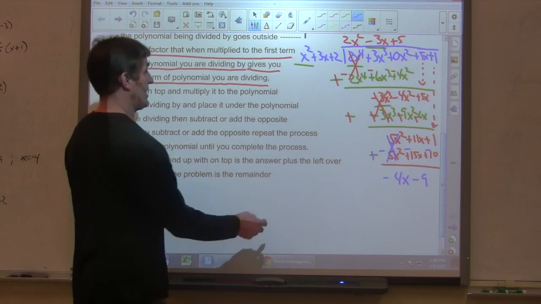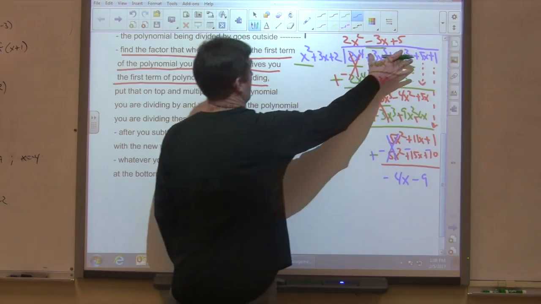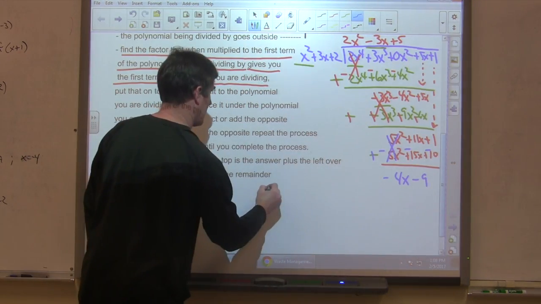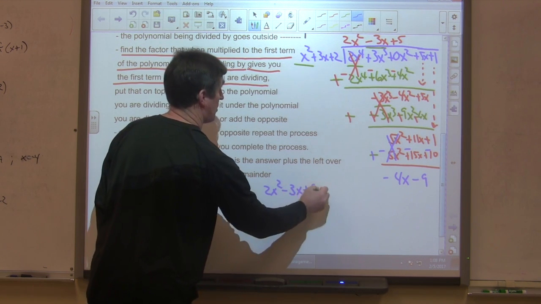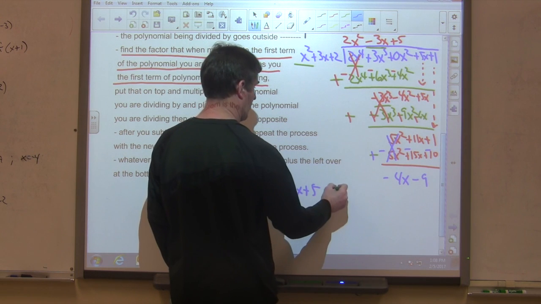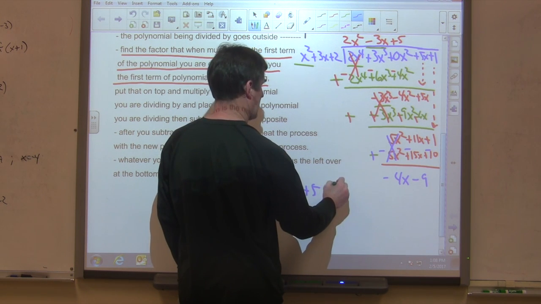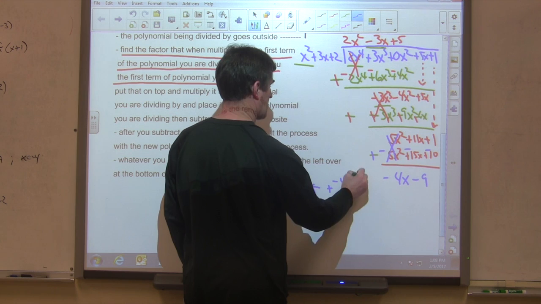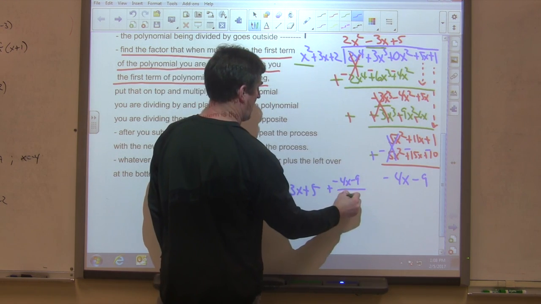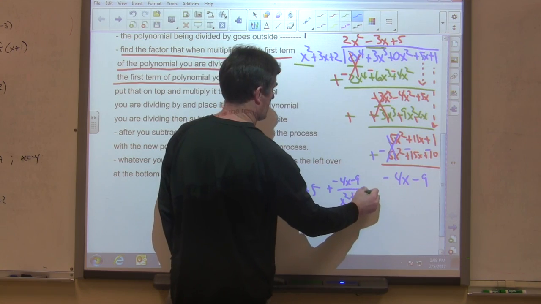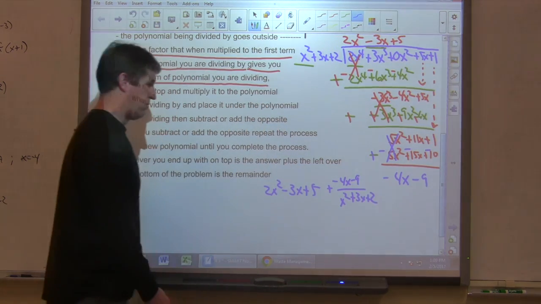So my answer is, when I divide this polynomial by this one, I get 2x squared minus 3x plus 5, and then I have a remainder. So this would be plus, and then I'm going to go negative 4x minus 9 over what I divided by, x squared plus 3x plus 2.